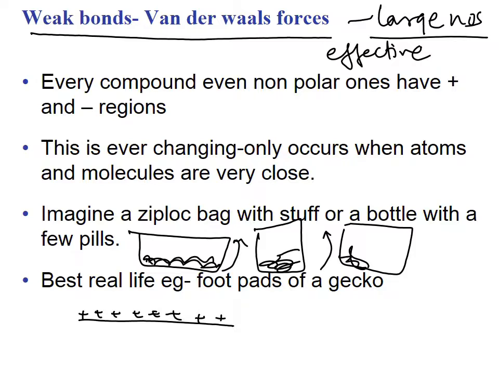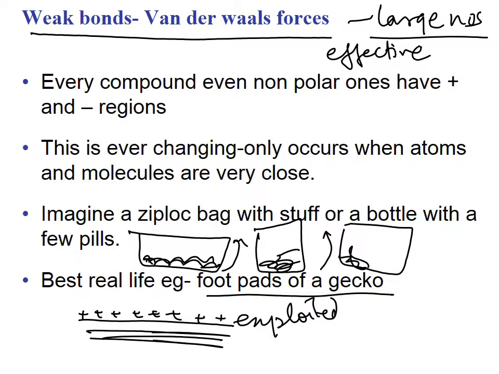And this is exploited by the foot pads of a gecko, which has hair-like cells in the projections, which have the opposite charge, and so they are attracted to this end. The best way I can explain is how a gecko can stay stuck on the ceiling.